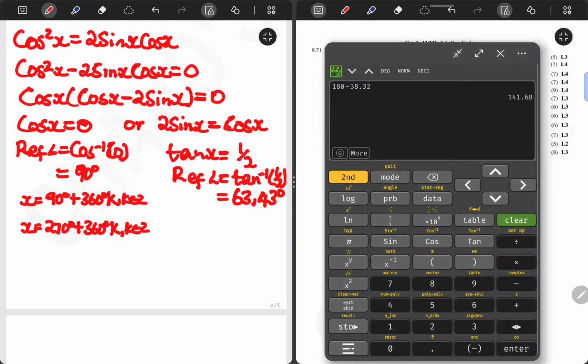Check. 63,43. Am I right? Let's see. Half. 26, not 63. 63 is the second function tan 2. Let me confirm that.